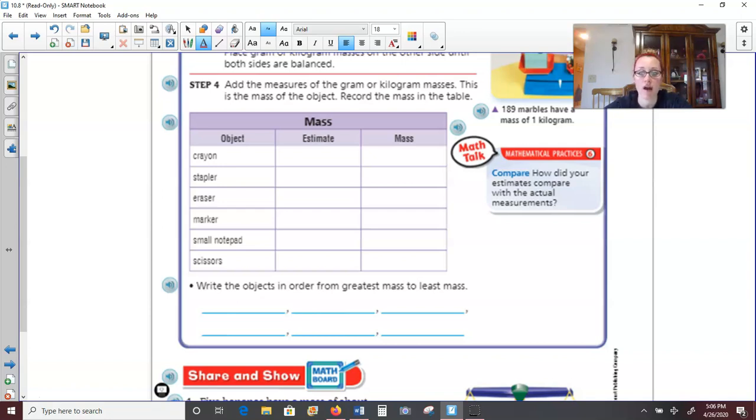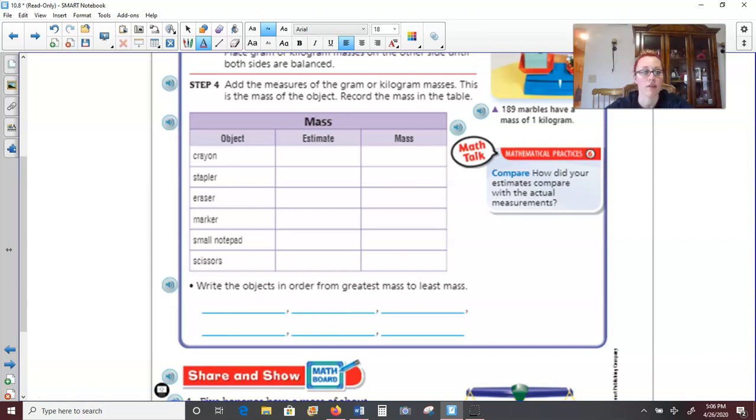So we have a crayon, a stapler, an eraser, a marker, a small notepad, and scissors. So when I think of a small notepad, I think of those teeny tiny rectangular ones that have the spiral holder on it, that you might get in your Easter basket, or something silly.